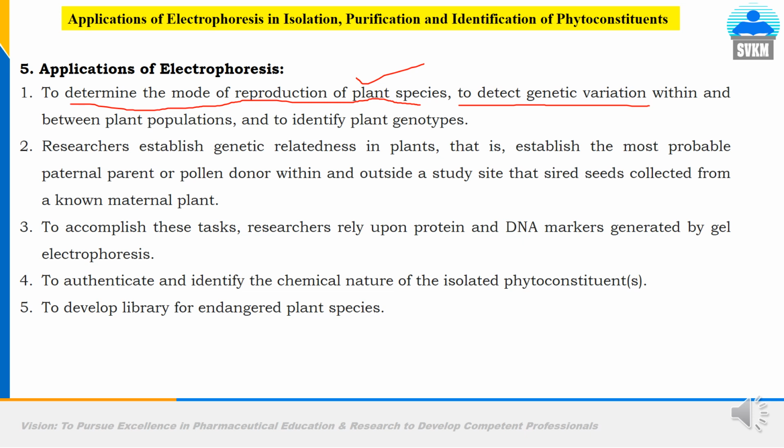Further, researchers establish the genetic relatedness in plants, that is, establish the most probable paternal parent or donor within and outside the study, from seeds collected from a known maternal plant. So the proper genus seeds should be selected based on electrophoresis.